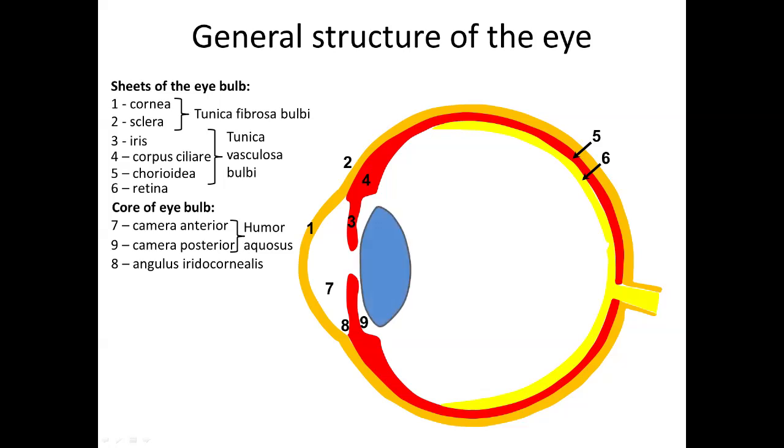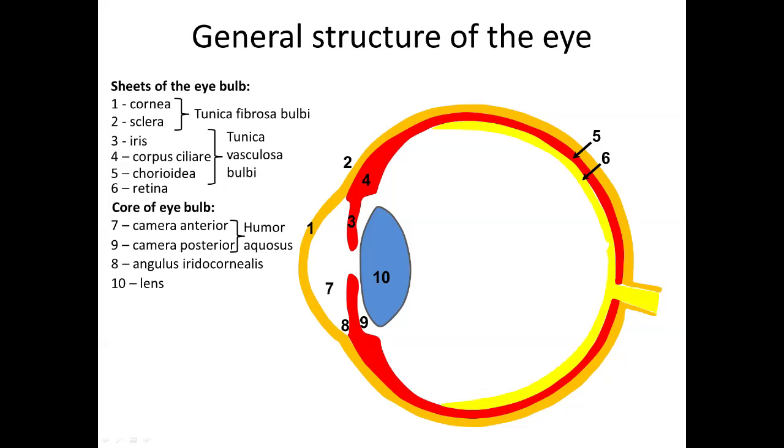And to close this place, number 9, camera posterior, we need to have a posterior wall, and this posterior wall is formed by the lens. The lens is a special centrally located structure inside of the eye bulb, which is extremely important for concentrating all light waves onto the retina.